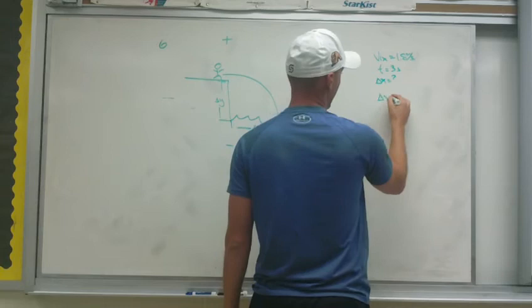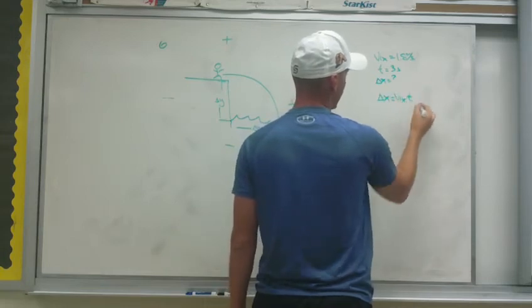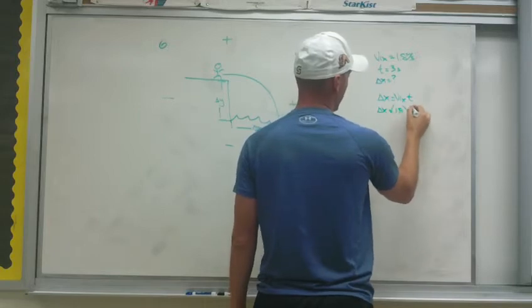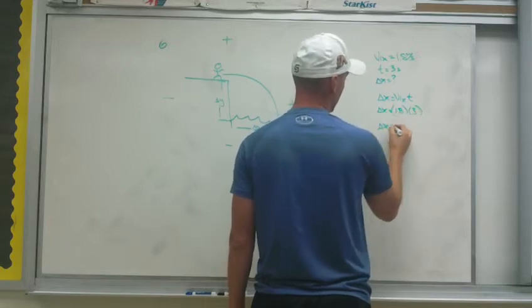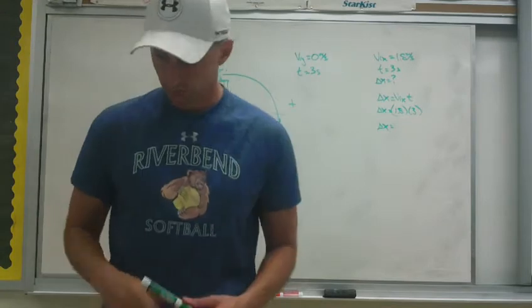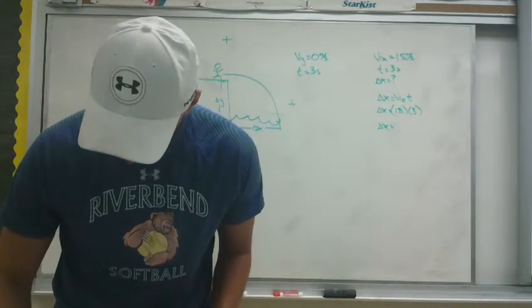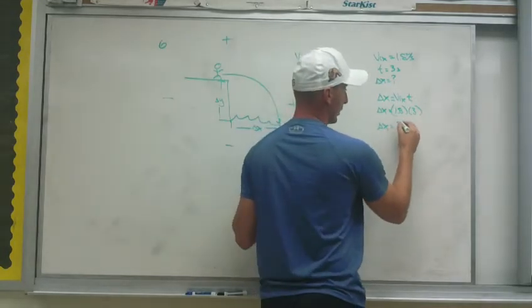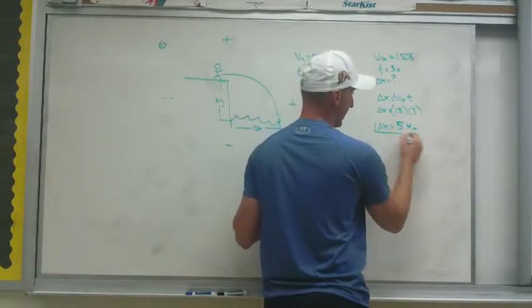The only delta x equation you have is this. Plug in: delta x equals VIX, 1.8, times 3. You get 5.4 meters. So the diver actually goes 5.4 meters away from the cliff.